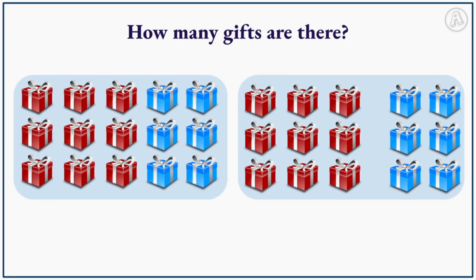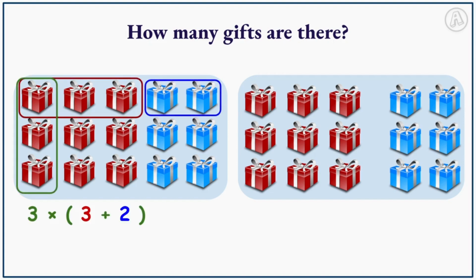Let's look at two possibilities we could use to easily calculate the number of gifts. In our first example, there are 3 rows with groups of 3 red gifts, and there are 3 rows with groups of 2 blue gifts.